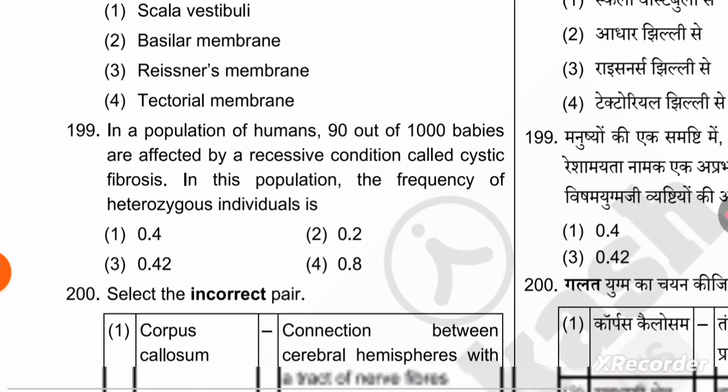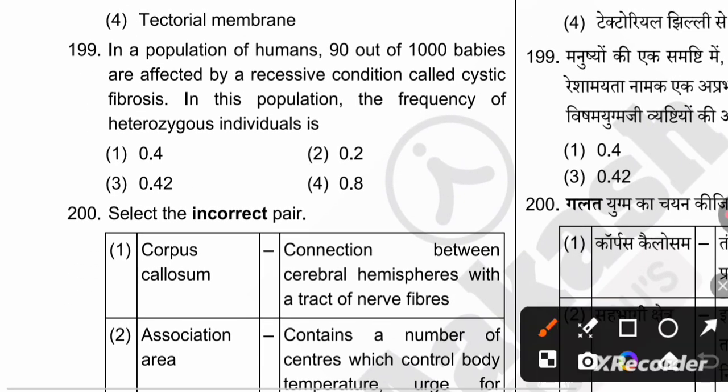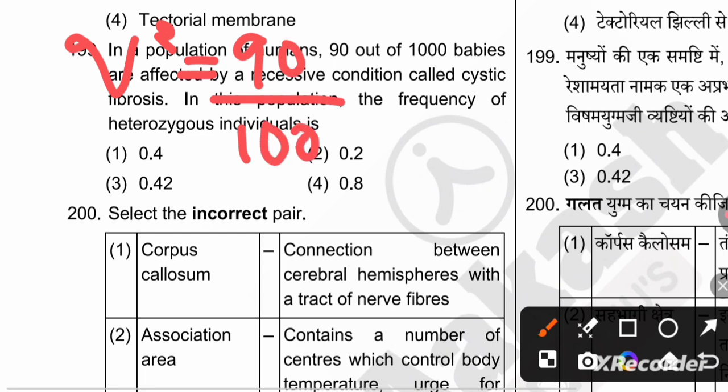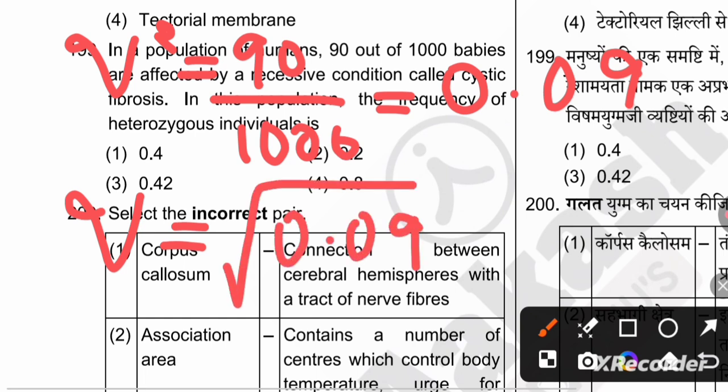199th question. In a human population, 90 out of 1,000 babies are affected by a recessive condition called cystic fibrosis. In this population, the frequency of the heterozygous condition is? If you consider the (p plus q) whole square formula, q square is 90 among 1,000. If you take this ratio, it will be 0.09, which is q square. If you want to find q, it will be the root of 0.09. So q you will get how much? 0.3.